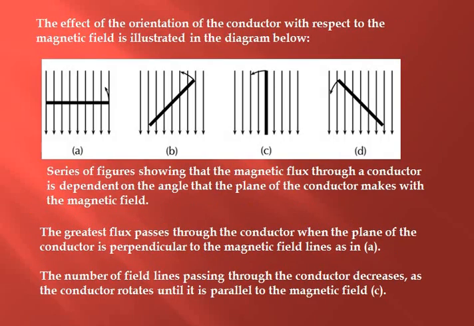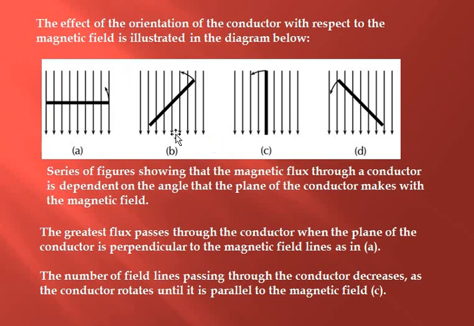So this is how it will look. The bold line here is our coil. When it is horizontal like this, and these are magnetic field lines going down, you can see that it is perpendicular to the magnetic field.